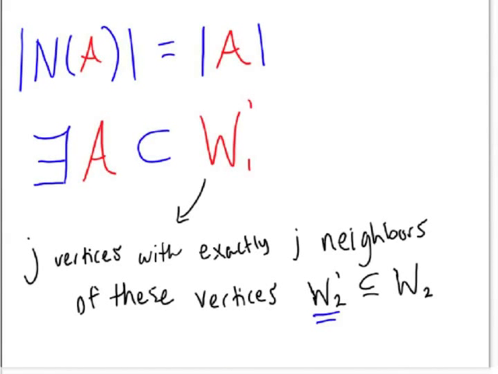And really what we're doing here is we're inducing a subgraph. This would be the subgraph induced, and it would take along with it all edges and vertices incident with the vertices in this subset, and we said below that that's W sub 2 prime. Now we can show by our inductive hypothesis that there's a complete matching from W sub 1 prime to W sub 2 prime.